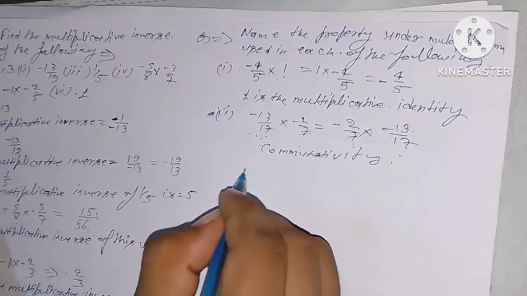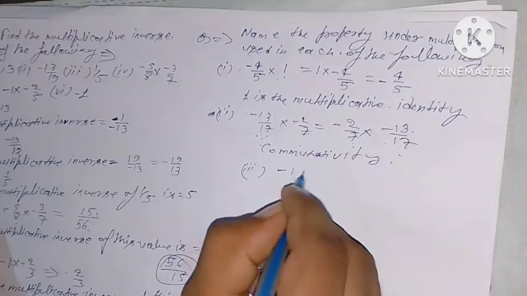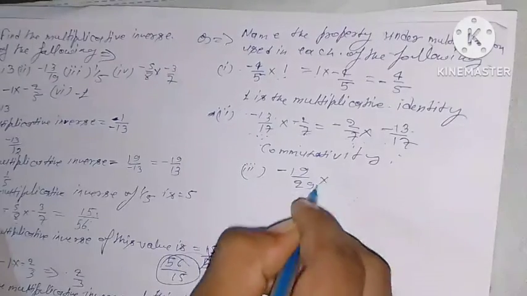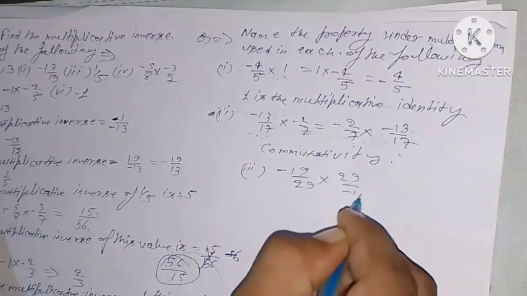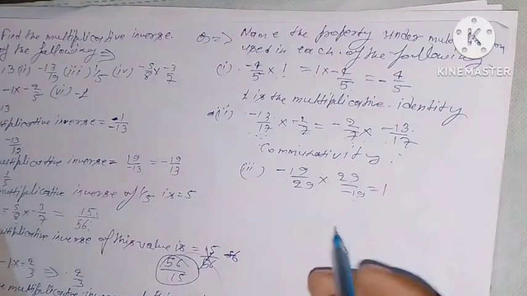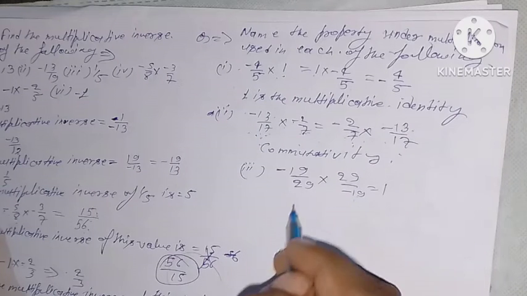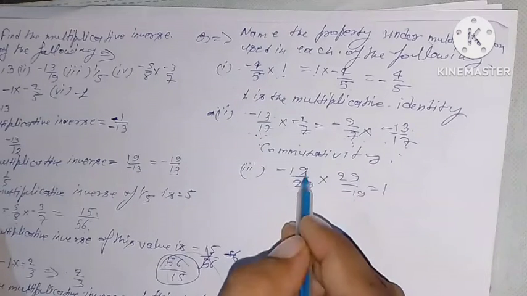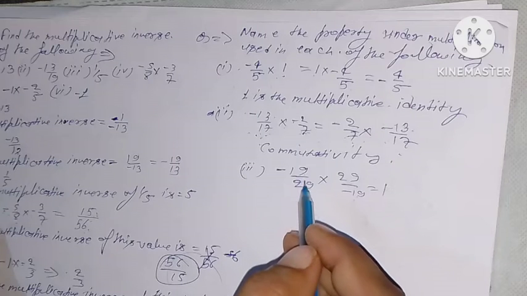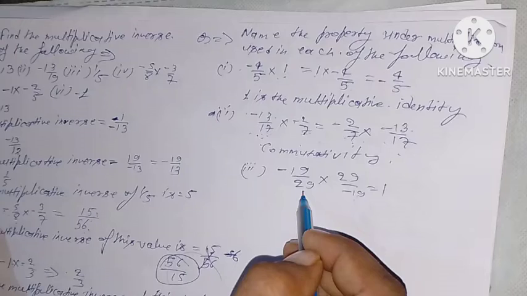And third question is minus 19 upon 29 multiply 29 upon minus 19 equal to 1. In this question only multiplicative inverse is present, because in this rational number numerator is 19 and denominator is 29.